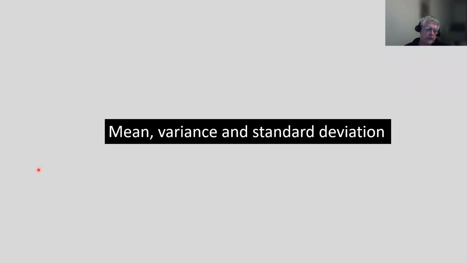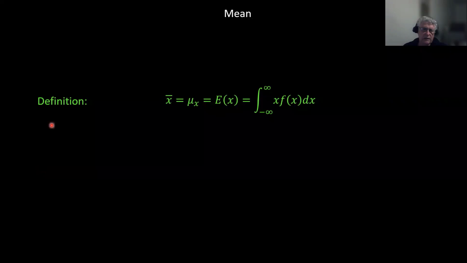Now, often we don't use a full probability density function to characterize a random variable. We can summarize its randomness just using mean and variance. The square root of variance is standard deviation. So let's see how to do this. This is the definition of the mean. It's the expected value of a random variable.